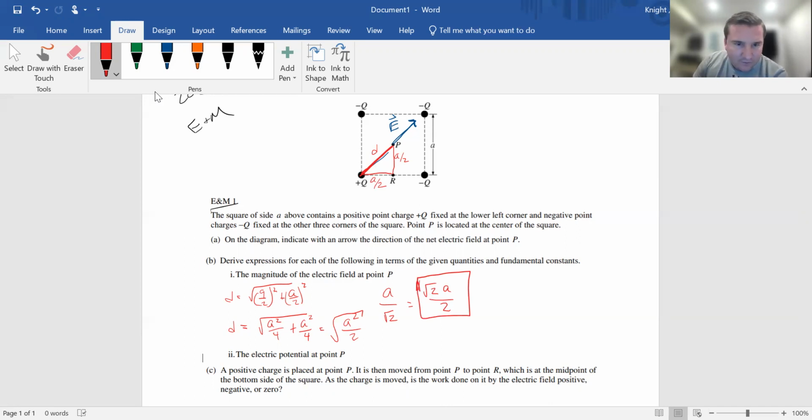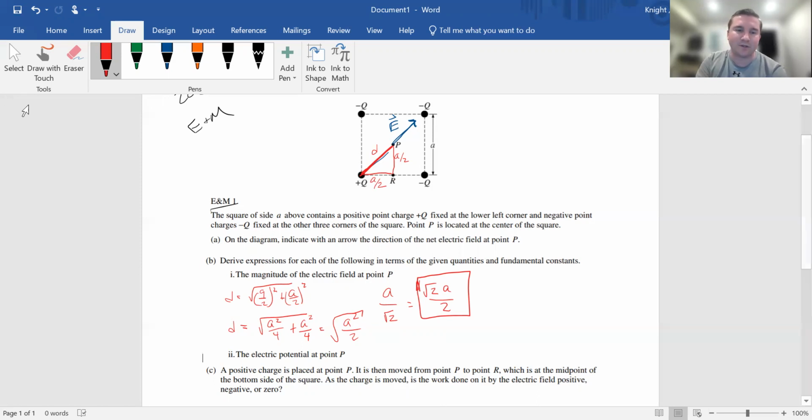I did that right? I'll have to double check that later. We probably could have used special triangle rules, this is 45, 45, 90, and just said this is root 2 times x, which is A over 2. So we could have used a shortcut there. I mean, but what's the fun in that? So there's our distance.